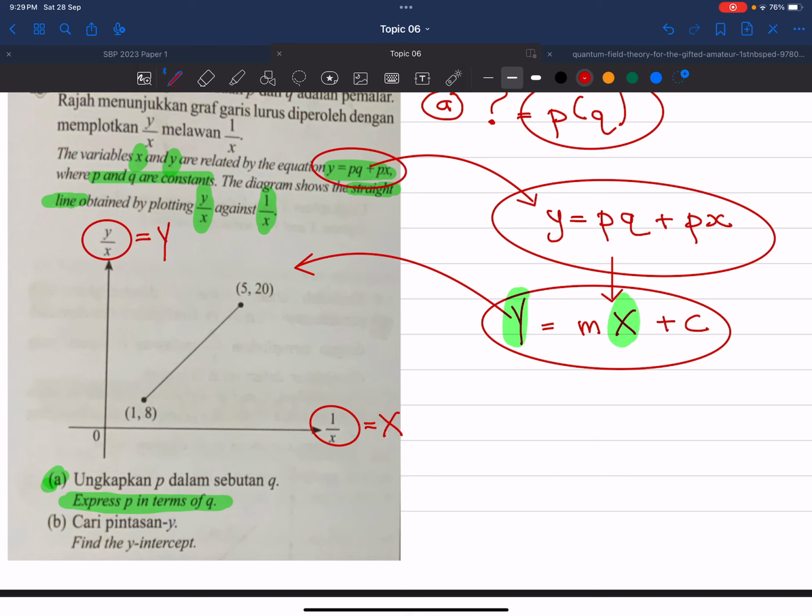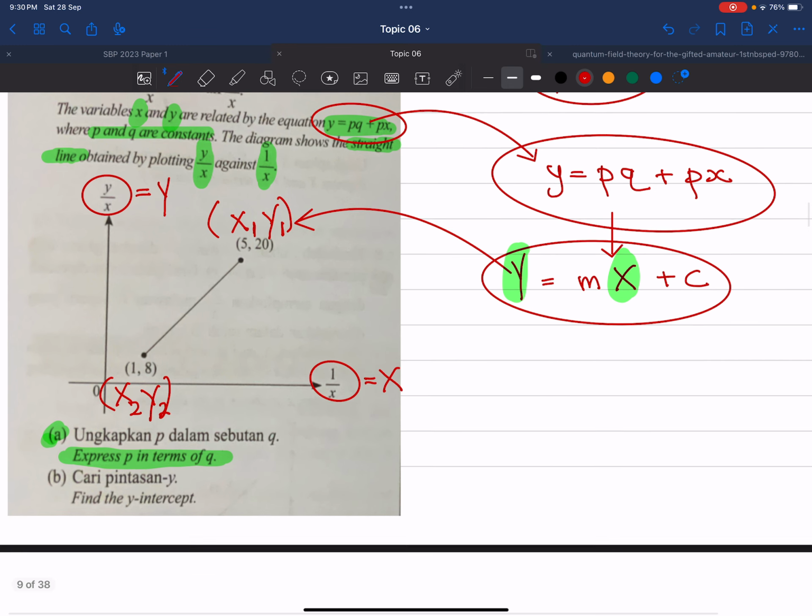So we must complete the diagram. If you look at the coordinates, 5, 20 and 1, 8, the first coordinate is capital X, and the second coordinate is capital Y. Since we have two coordinates, we label capital X1, capital Y1, capital X2, capital Y2.